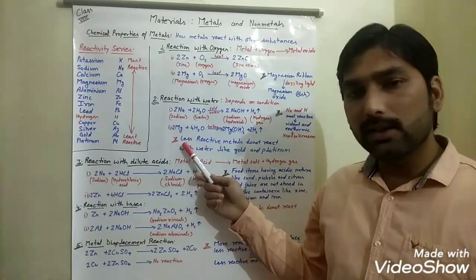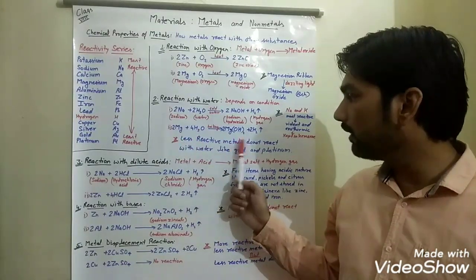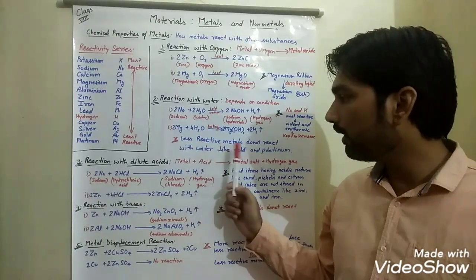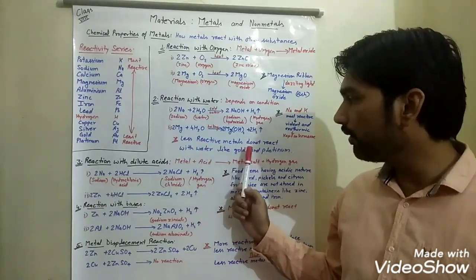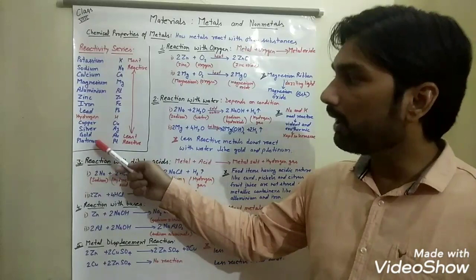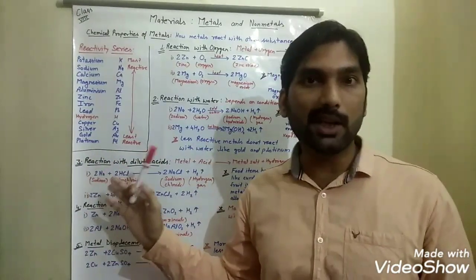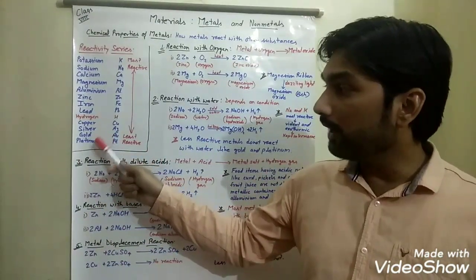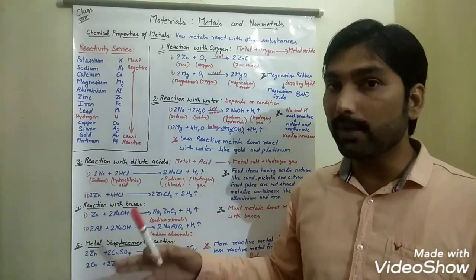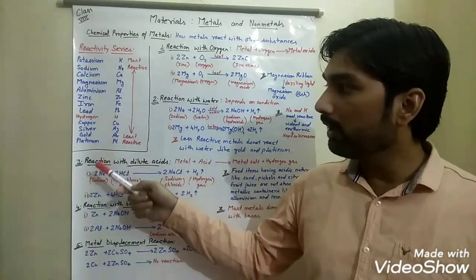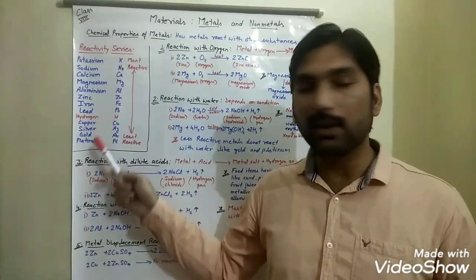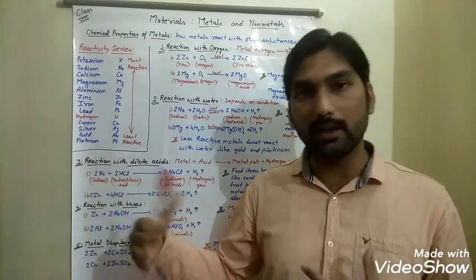One more important point is that less reactive metals do not react with water, for example gold and platinum. One more question can be asked here. You have seen that ornaments are made of metals. Why? Because they have their specific metallic luster.